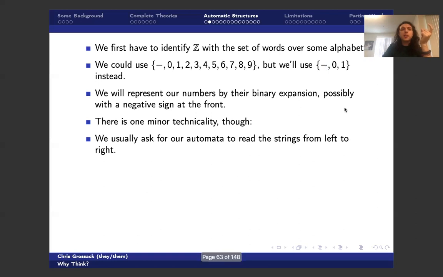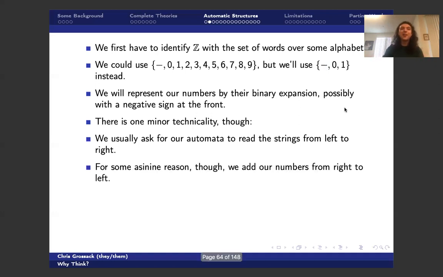There's only one minor technicality, and that's we usually ask for our automata to read strings left to right, because at least in the English-speaking world, that is the natural way to read a thing. Except we have this asinine historical carryover where we add our numbers from right to left, right?